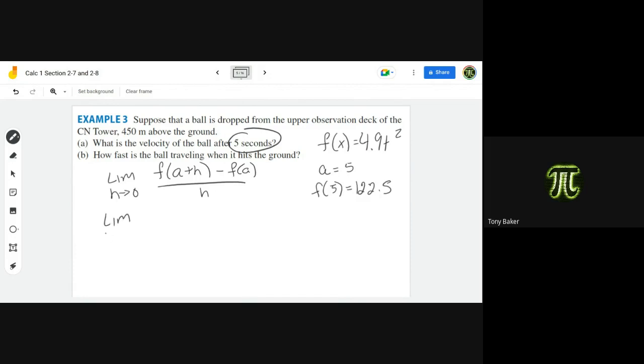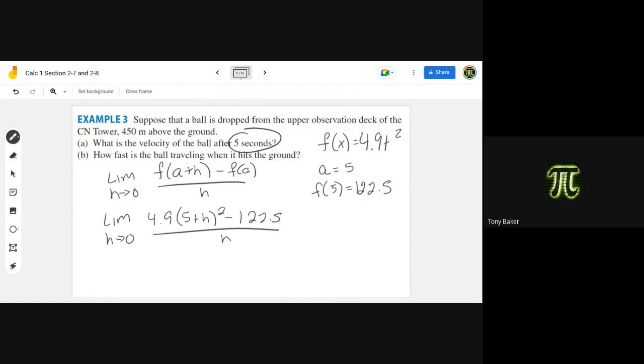So I have the limit as h goes to 0 of 4.9 times (5 plus h) squared minus 122.5, over h. We don't know what h is. h is the limit.